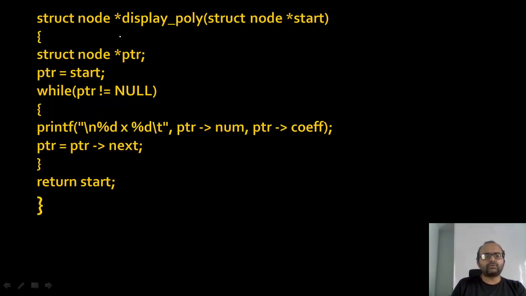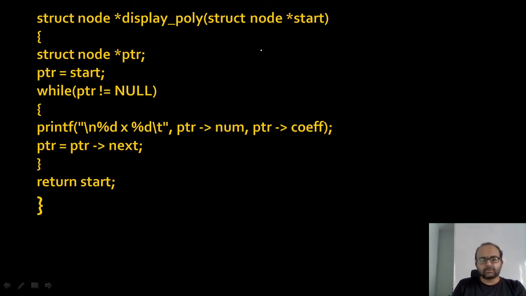Next, how to display the entire polynomial. In order to display the polynomial, since it is stored inside the linked list, we have to iterate through the entire linked list and display the elements.